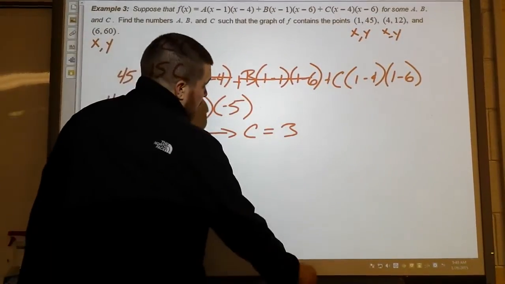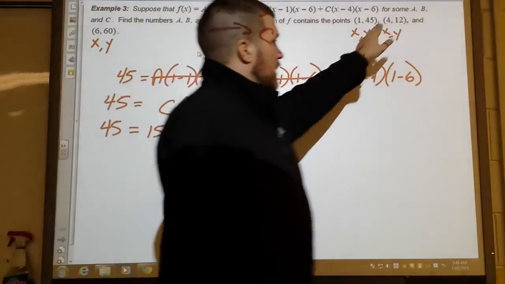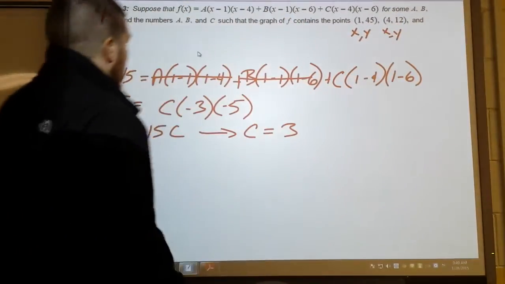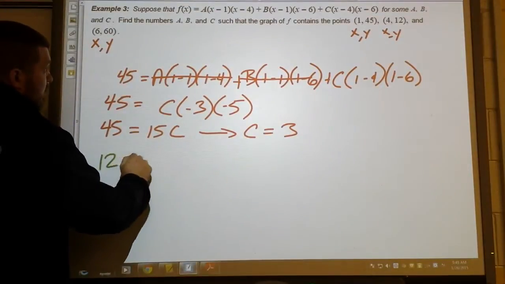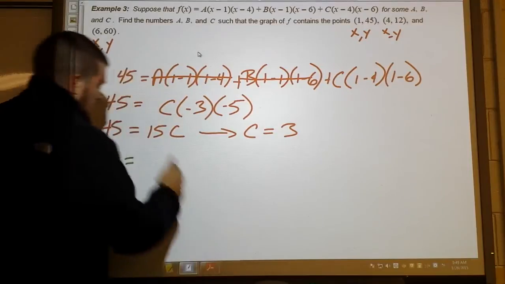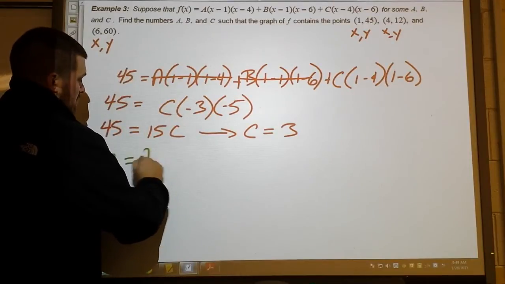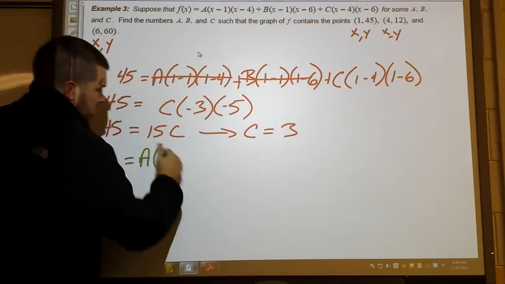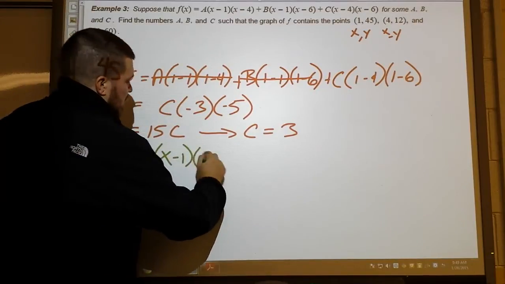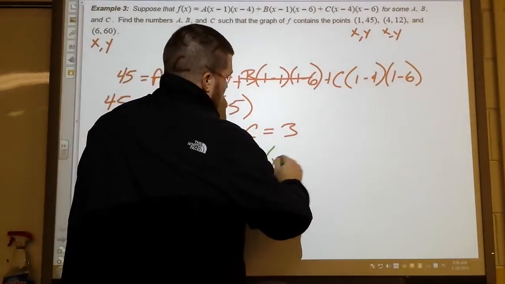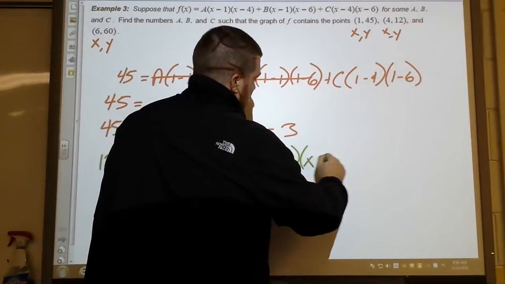Now I want to do the same idea with the second point. Everywhere I see an x, plug in a 4. Everywhere I see a y, plug in a 12. So I have 12 is equal to a times x minus 1 times x minus 4 plus b times x minus 1 times x minus 6.